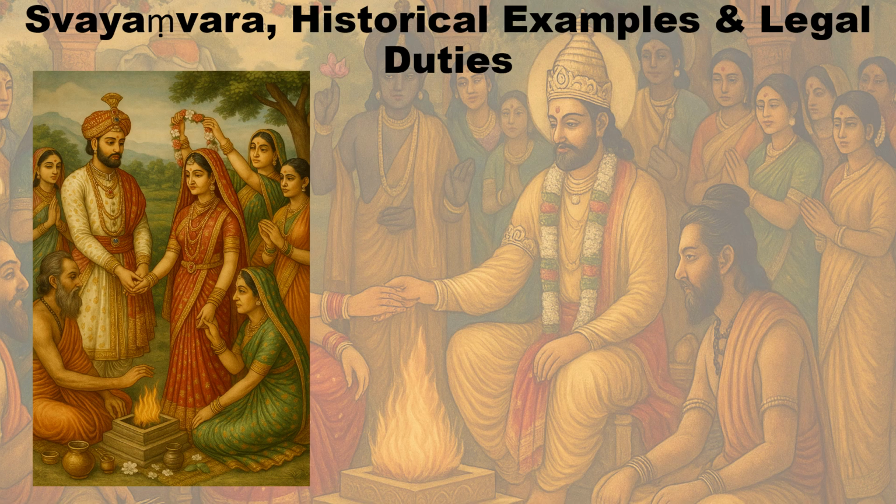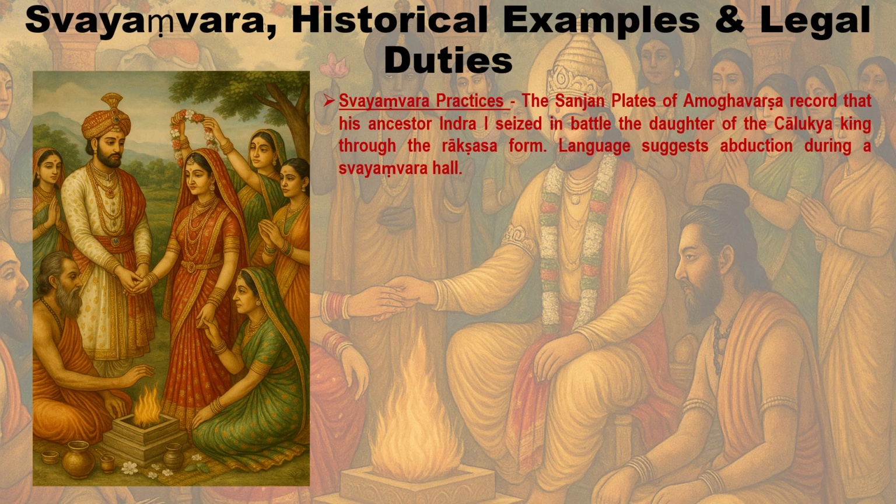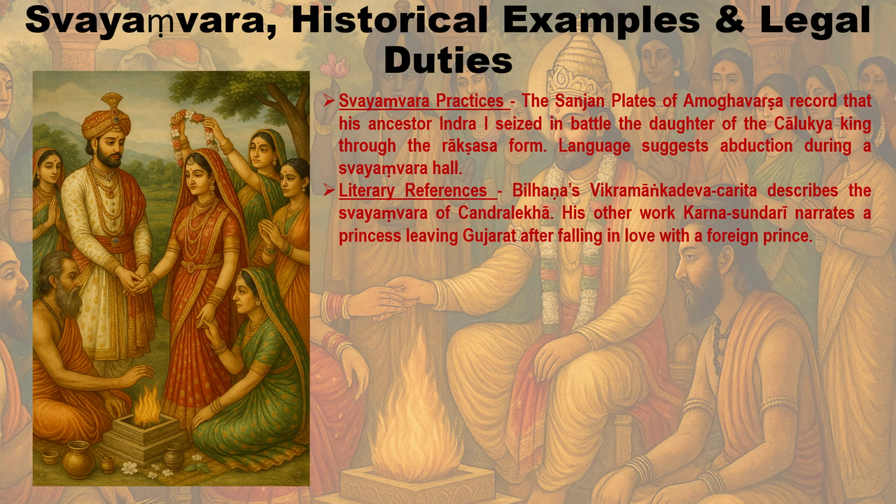Swayamvar, historical examples and legal duties. The Sajjan plates of Amogha record that his ancestor Indra once seized in battle the daughter of the Chalukya king through the Rakshasa form. The language suggests abduction during a Swayamvar hall. Bilhana's Vikramankadeva Charita describes the Swayamvar of Chandralekha.